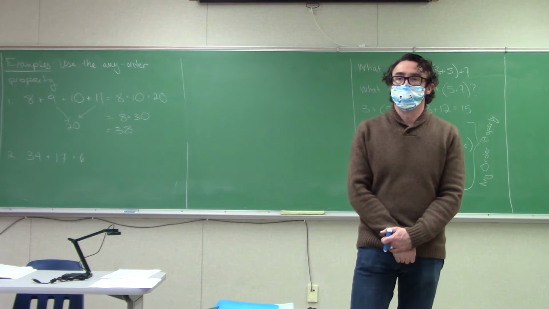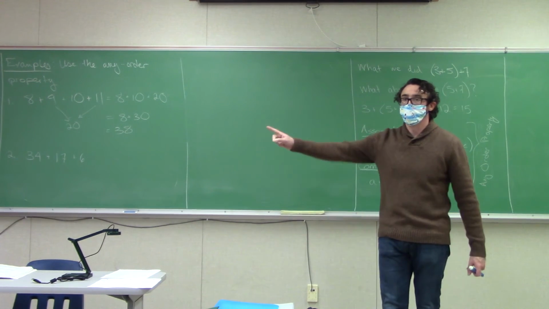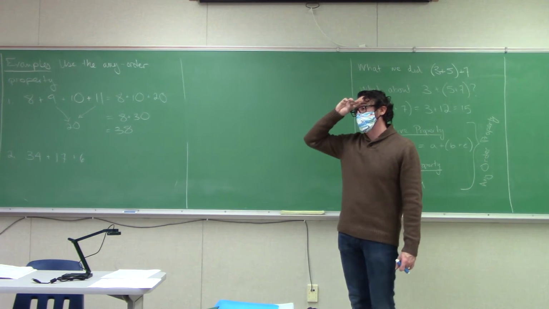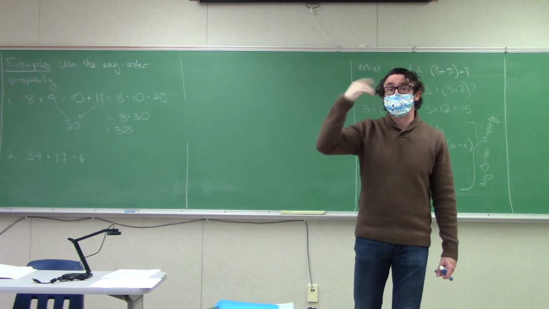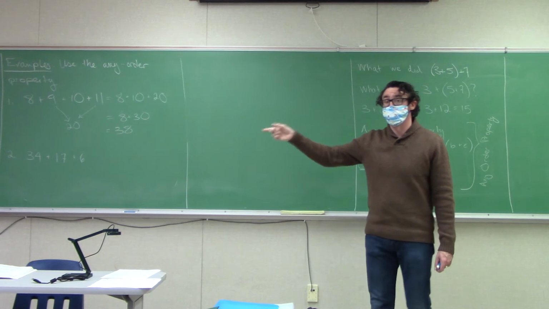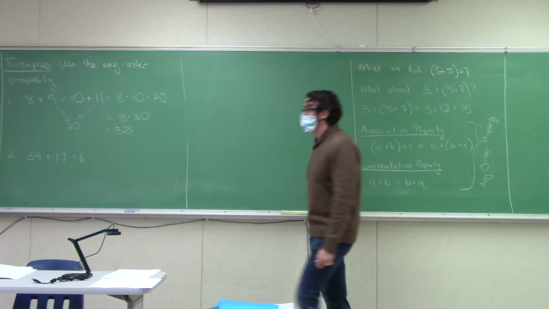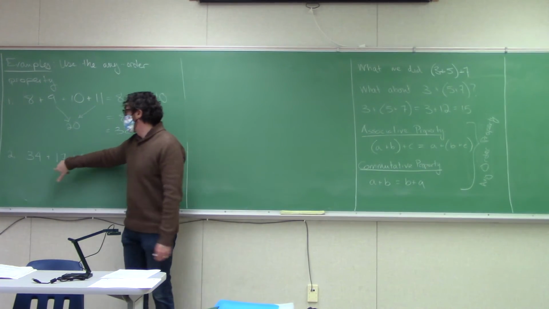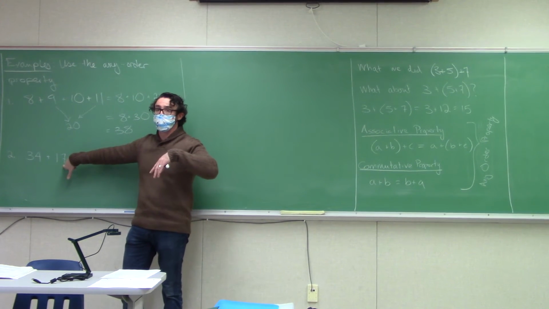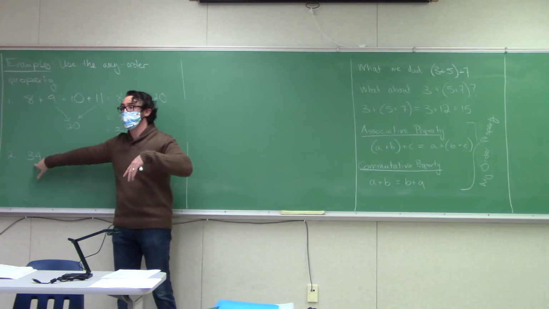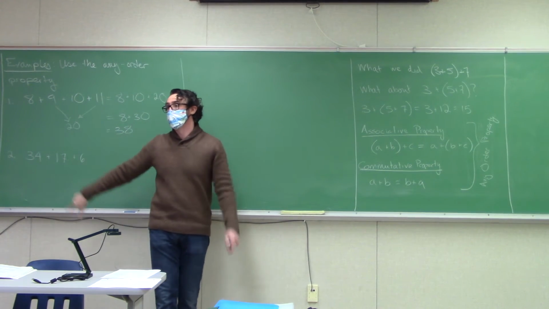So what should I do first? 34 plus 6. Right, 34 plus 6. Now why does that make the problem easier? 4 plus 6 makes it 10. Right, that makes a 10. Okay, that's one of the tens combinations. You're seeing a 4 here. Doing the 4 plus the 7, that makes an 11. Now there's going to be carry. Okay, if I have to do 34 plus 17, I have to do carry.